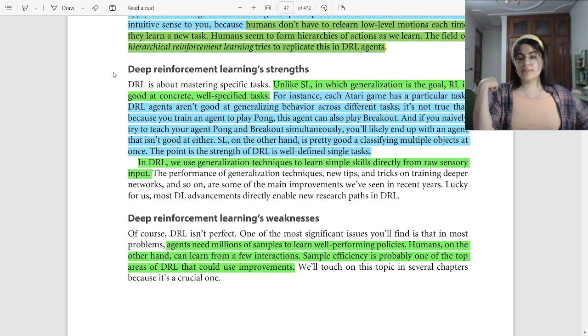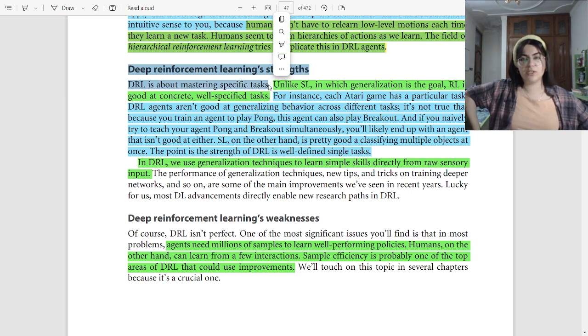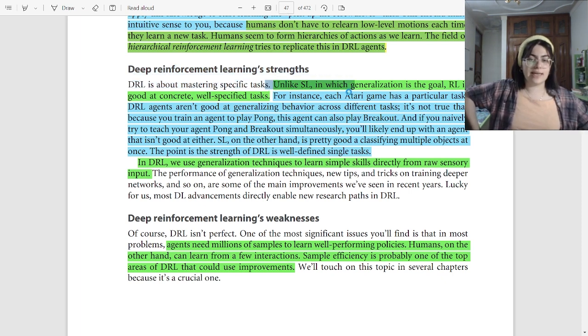And then it mentions deep reinforcement learning's strength. It says that DRL is about mastering specific tasks. So unlike SL, in which generalization is the goal, RL is good at concrete, well-specified tasks. For instance, each Atari game has a particular task. DRL agents aren't good at generalizing.